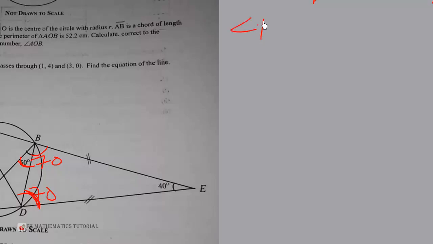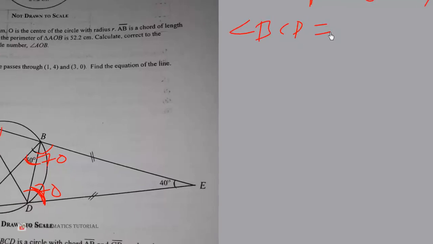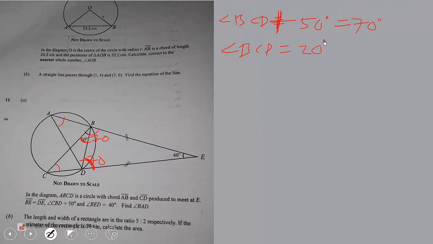So angle BCD will be equal to 20 degrees, because 70 minus 50 is 20. So when this angle is 20 degrees, this one is 20 degrees, because angles in the same segment are equal. Therefore, angle BAD is equal to angle BCD, which is equal to 20 degrees.